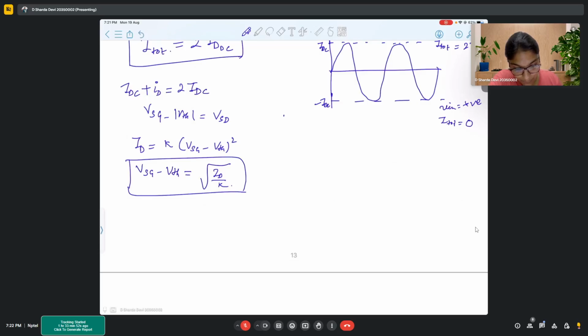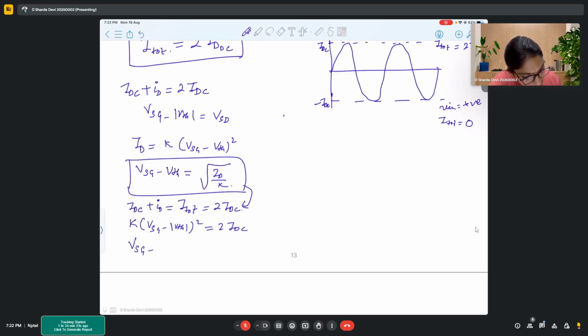So IDC plus small id is equal to I total, this is twice of IDC, and from here, the total current will be given by K times (VSG minus mod VTH) whole square equal to 2 IDC.